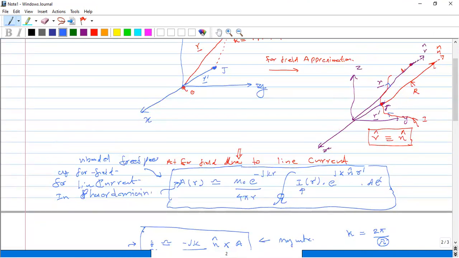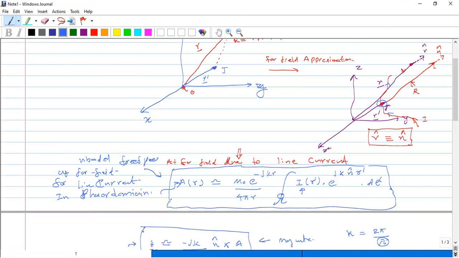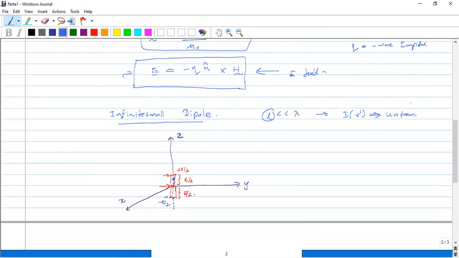So here also you have considered a general point. That general point you have defined as R, the position vector, R bar dash. Now that position, R bar dash, is on the Z axis. So that is the Z position, and let's denote that position as Z dash.